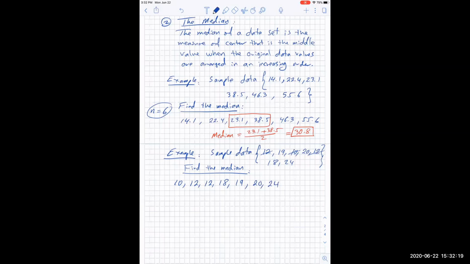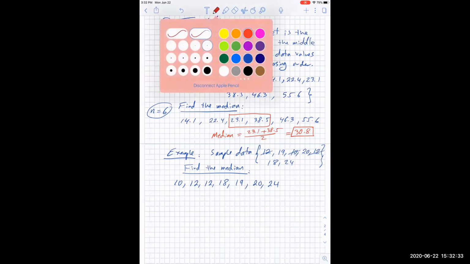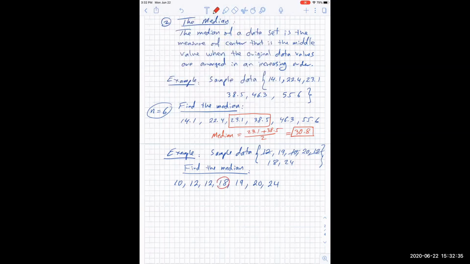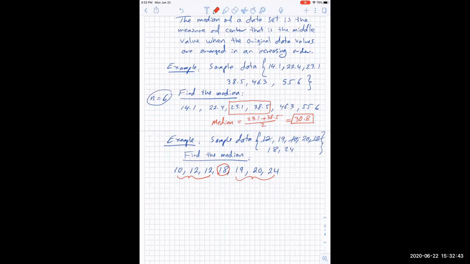I have 7 values, so there is only one number in the middle, one number that separates the list into 2 equal parts, which is 18. You have 3 values on the left and 3 values on the right of this number. So the median is 18.